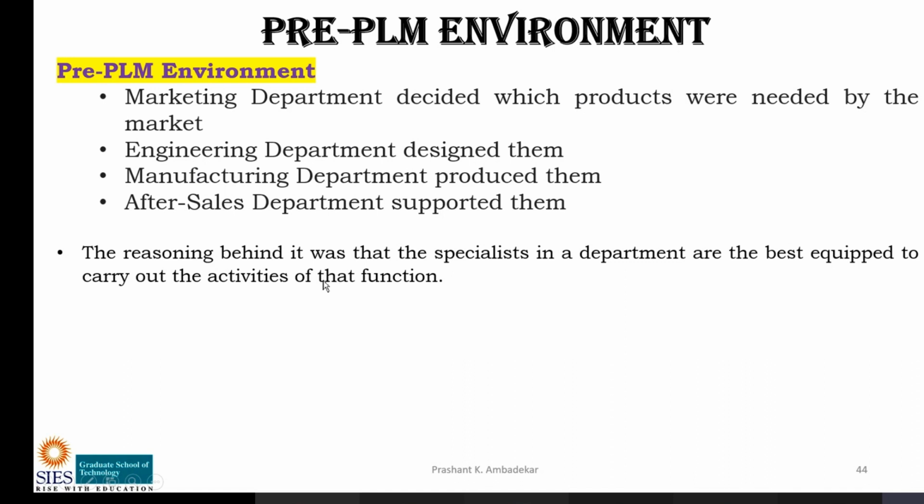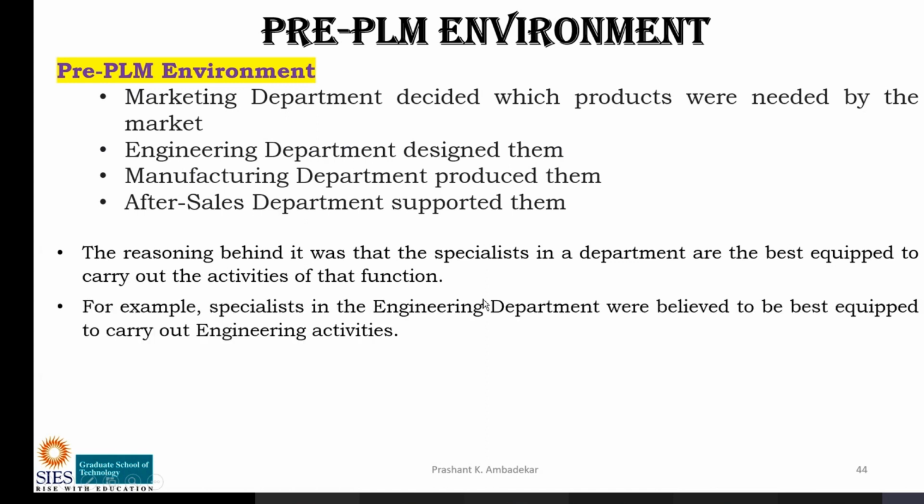Okay, so each one of these departments was specialized in their activity. The marketing department was excellent in marketing the product or finding the product. The engineering department was excellent in designing the product, and so on. So this was one of the reasons. Specialists in the engineering department were believed to be best equipped to carry out engineering activity.